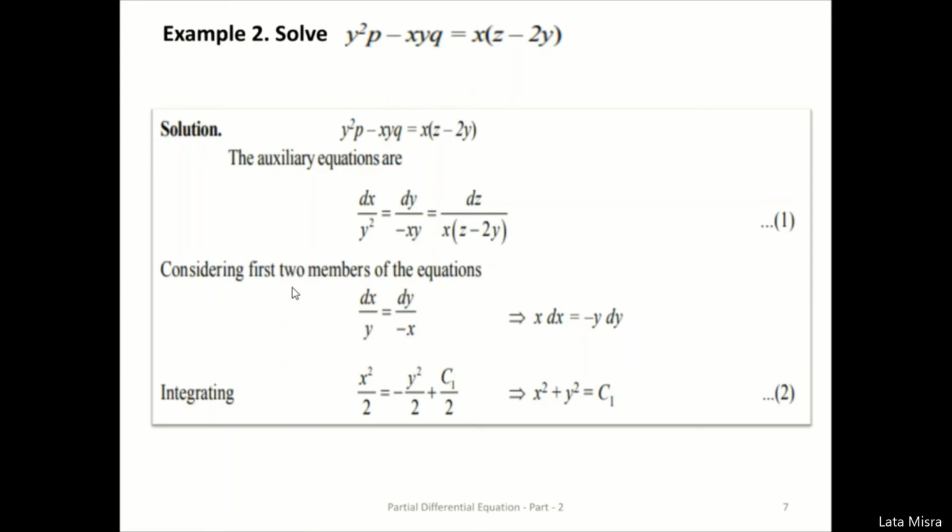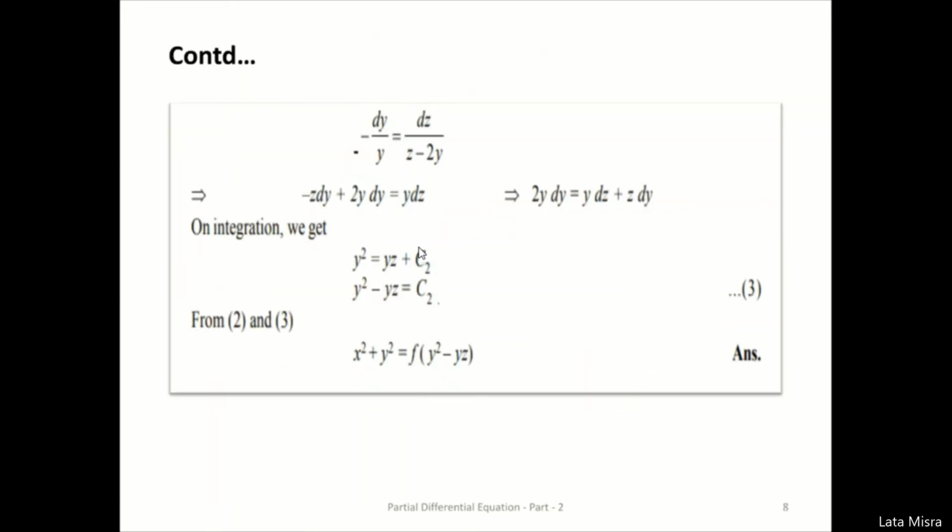So we take the first two terms and integrate, and after simplifying we get x² + y² = c1. Next again we choose another two equations, that are dy/(-y) = dz/(z - 2y).